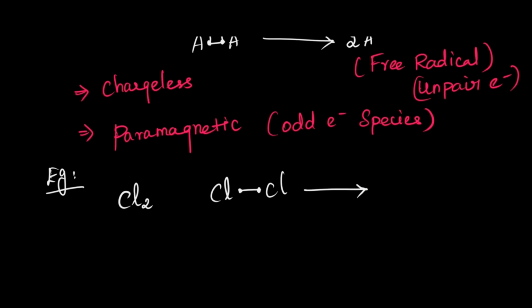So you have to remember one thing, only one electron is going to one atom. So I have to refer to this with this kind of arrow. It's not a double-headed one, it should be a fish hook arrow. This is called a fish hook arrow. Okay, so as a result of this, I will be getting 2 Cl radicals.